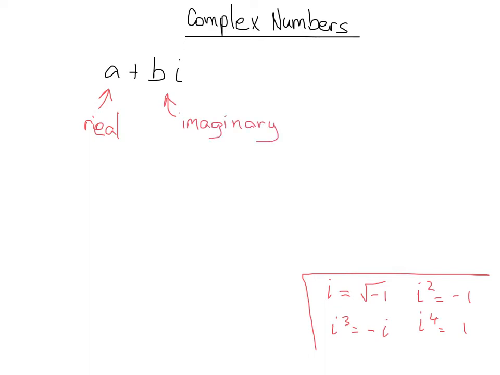We can actually have a complex number without a real part, or without an imaginary part, or with both. But usually our complex number system allows us to have both. For example, 3 plus 4i is a complex number.